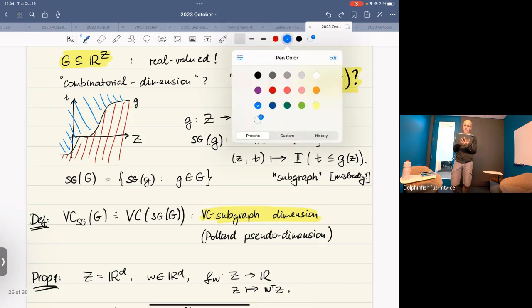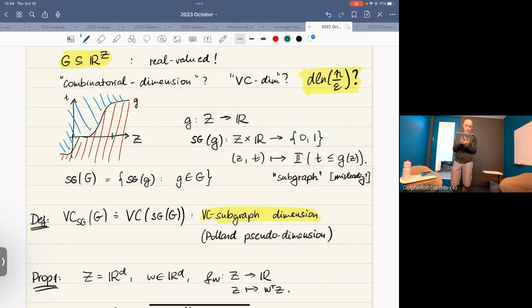Here you have a z, here you have a t, and it lands somewhere. If this lands below the value that g takes on z, you return 1, you're in the red region. Otherwise, you return 0. You create these binary valued functions out of your functions, and now you can work with VC dimension.